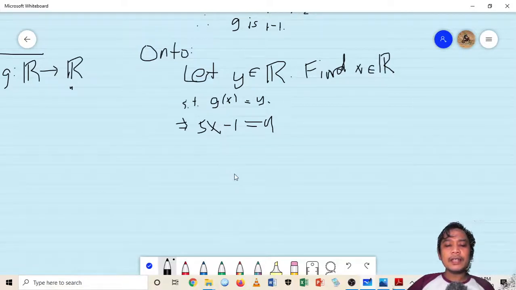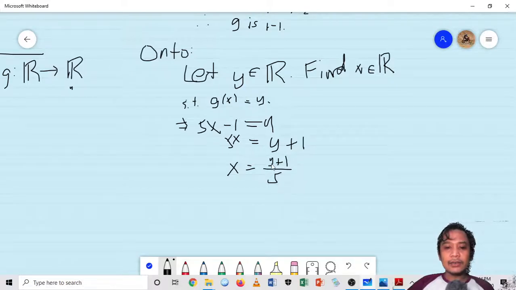So we need to find an equation isolating X. We can add both sides by 1. So we have 5X equals Y plus 1. And then, since 5 is nonzero, there is a reciprocal of 5, which is 1/5. We multiply both sides by 1/5. We shall have X equal to Y plus 1 all over 5.